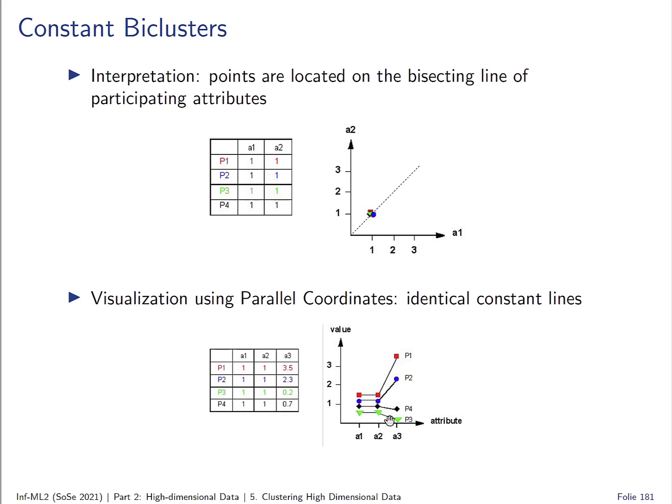So these line segments here are P3. This graph here is P4. This one is P2, and this here obviously is P1, because for P1 we have 3.5 in A3. So that is parallel coordinates, which is a nice visualization tool. It's a kind of scientific discipline to visualize points and patterns using parallel coordinates, because the order of the attributes is very, very important.